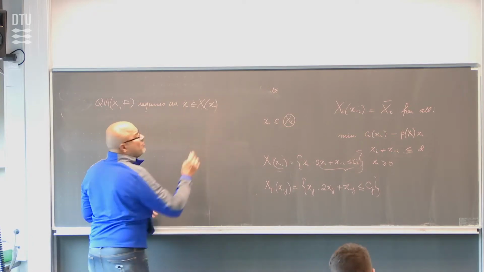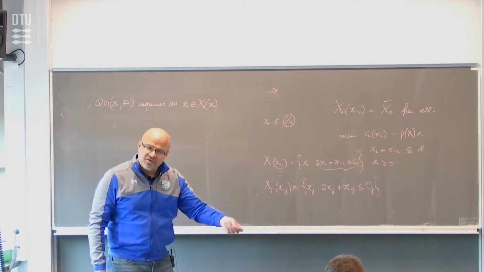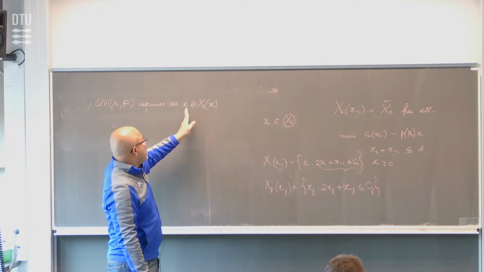So last time, remember, for a VI, it was just x in a set, capital X, which was the Cartesian product of sets. So this is x lying in X(x).